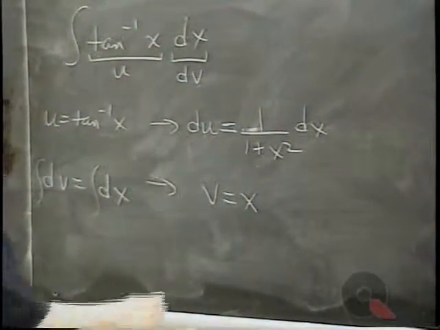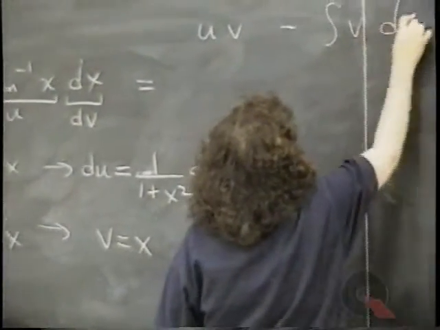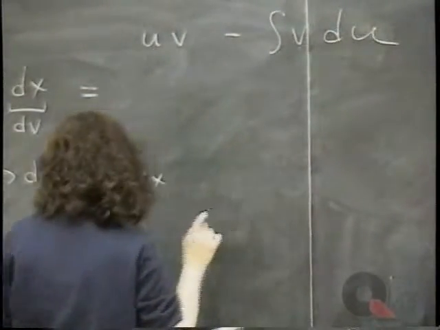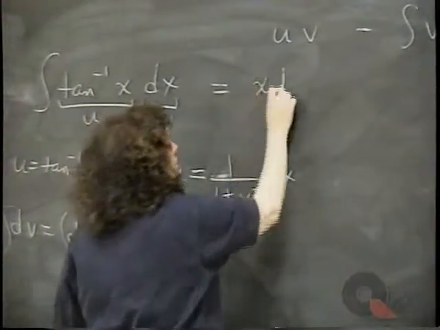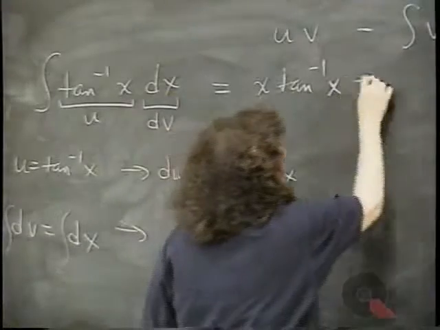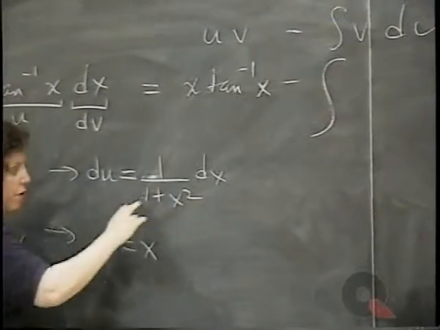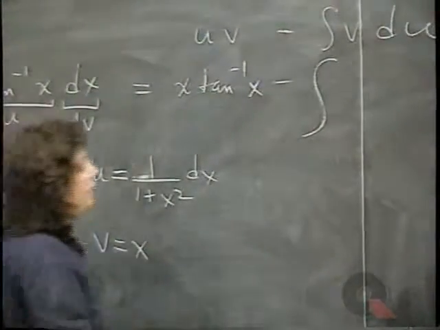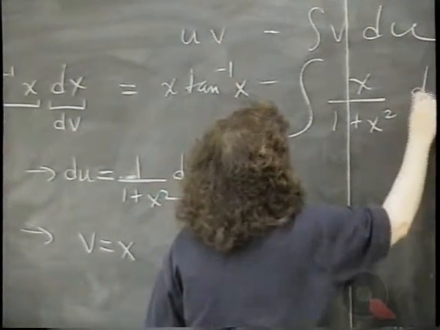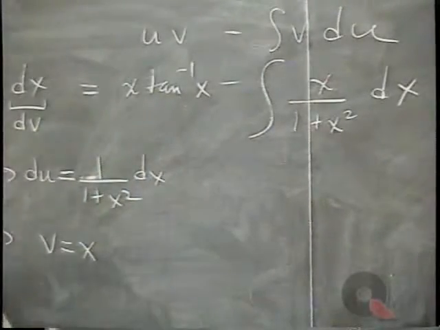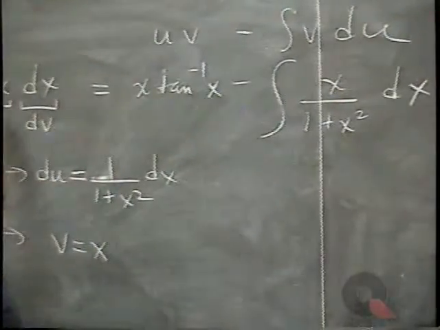Okay, now, using our formula, the integral of u dv is going to be uv minus the integral of v du. uv would be inverse tan x times x, or x inverse tan x, minus the integral of v, which is x, times du, which is 1 over 1 plus x squared dx. So v du, x times 1 over 1 plus x squared dx. And once again, we have a situation where the integral on the right here is easier to handle than what we were faced with originally.